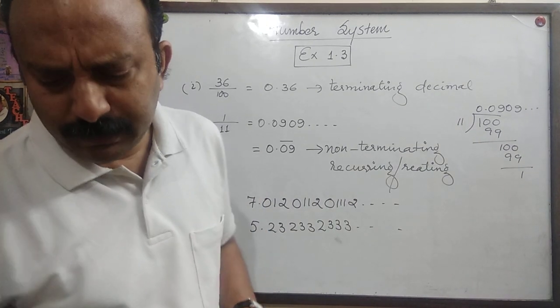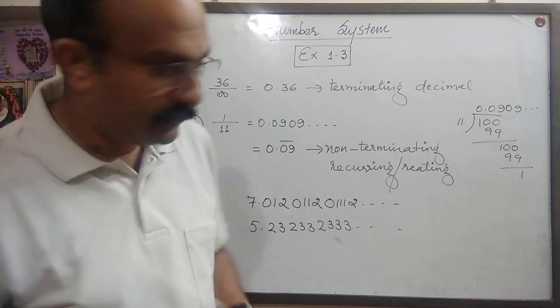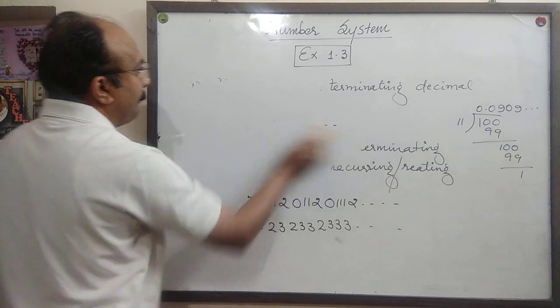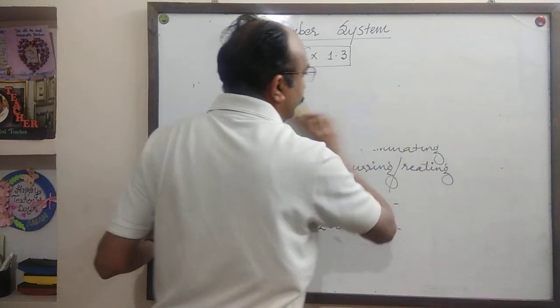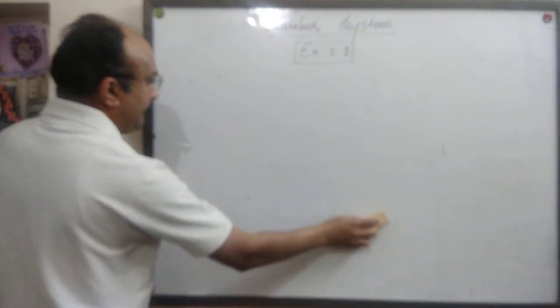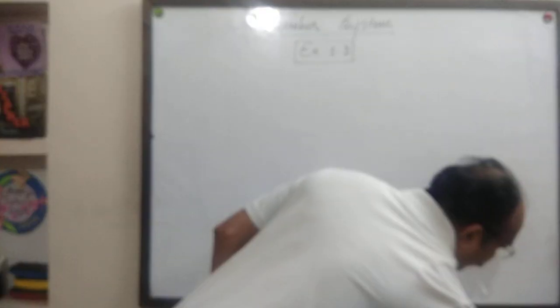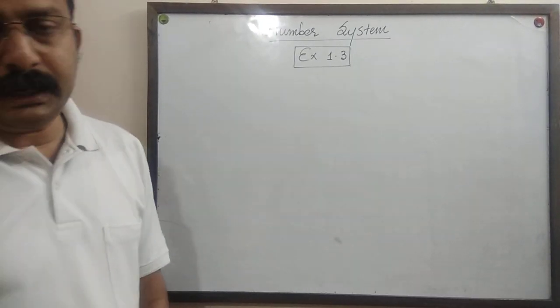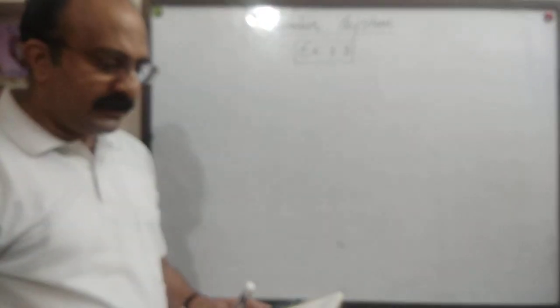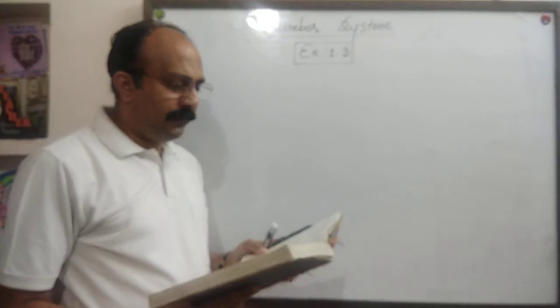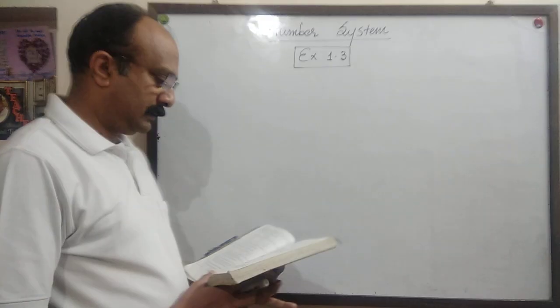Now see question number 2. You know that 1 upon 7 is equal to 0.142857 bar.